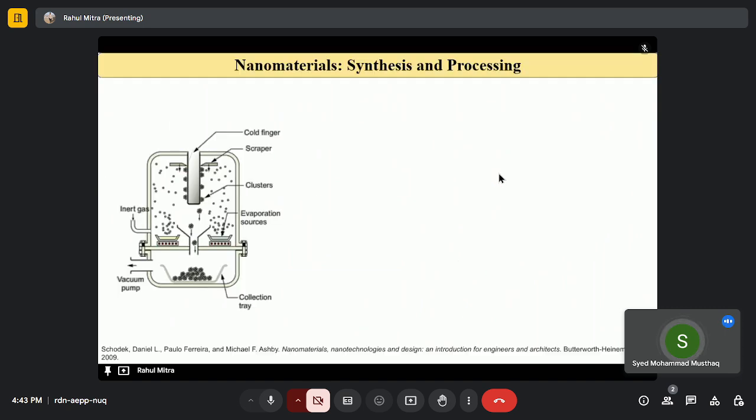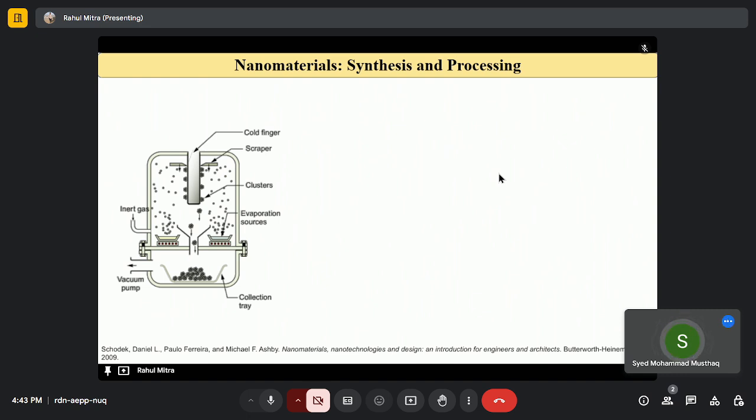Now let's move on to the synthesis part, because so far we have discussed so many things, from the characterization of nanomaterials, not basically the characterization, how we define our nanoparticles. I will just brush it up again. How do we define nanomaterials? We characterize nanomaterials in 4 parts: 0-dimensional, 1-dimensional, 2-dimensional, 3-dimensional.